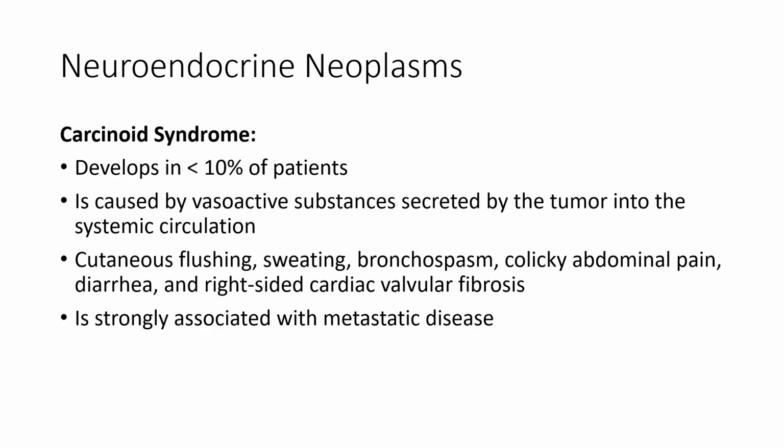So the carcinoid syndrome does not occur. However, when there is metastasis, these vasoactive substances bypass the portal circulation and the liver, and they cause symptoms. So carcinoid syndrome results.